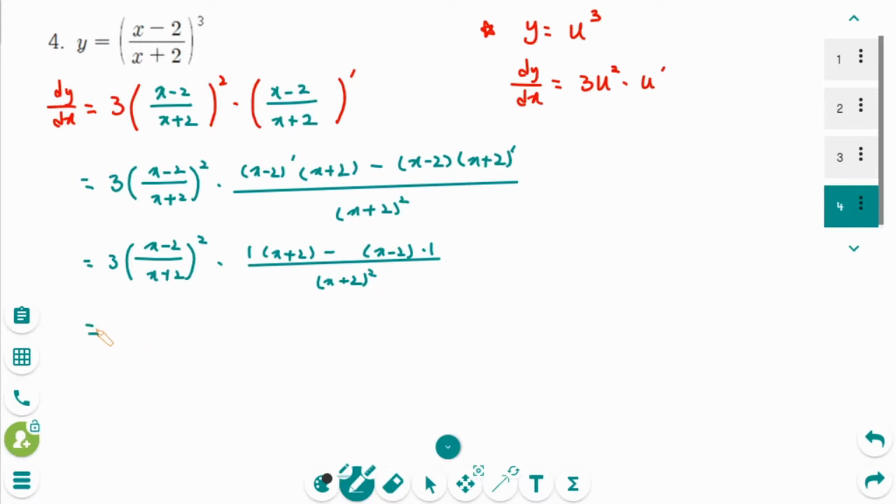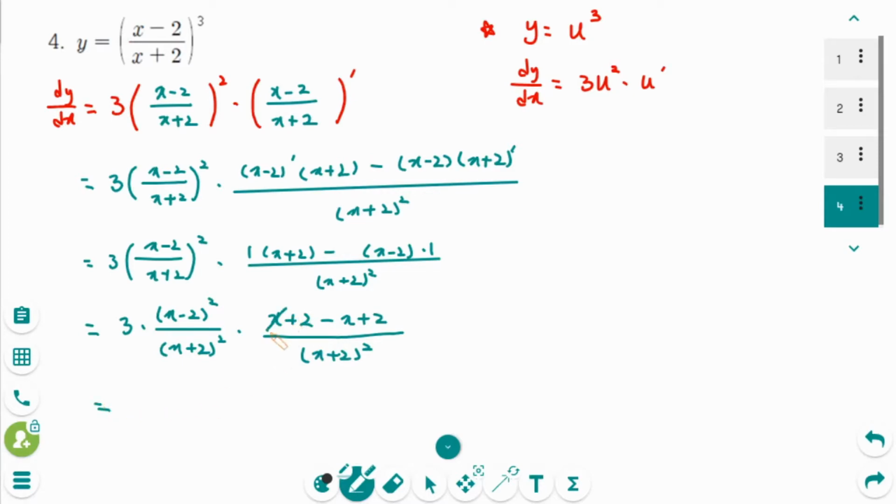We can rewrite as 3 times (x minus 2) squared over (x plus 2) squared times: expand, (x plus 2) minus (x plus 2) over (x plus 2) squared.